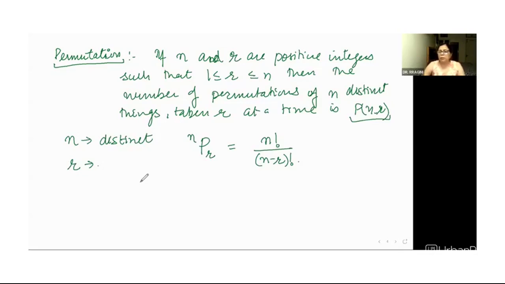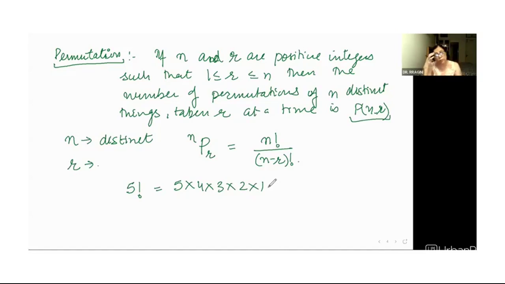Right? Now I hope you must have learned about factorials also. Let me give you a small brief. 5 factorial means starting from 5, going back to 1, we have to take the product of all the numbers.